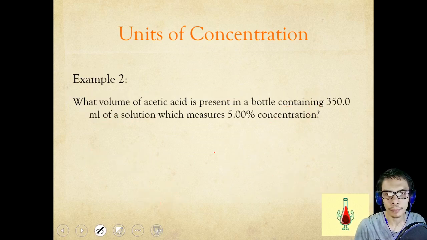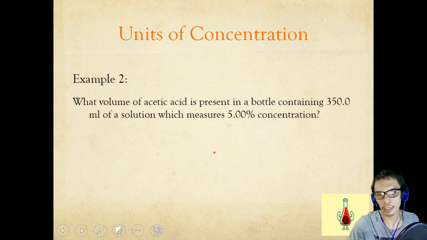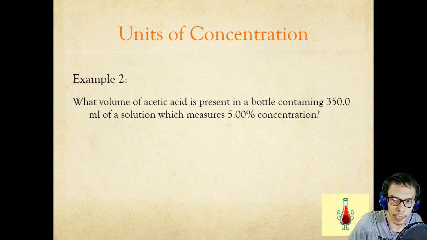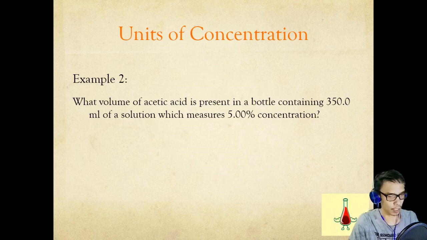Next one. Let's take a look at number 2. What is the volume of the acetic acid present in a bottle containing 350 ml solution which measures 5.00% concentration? So what do we have right here?